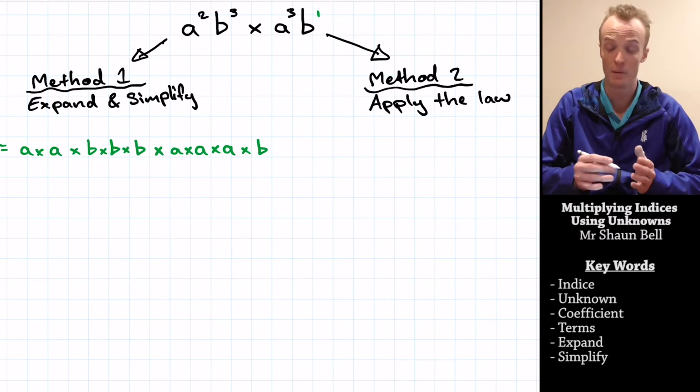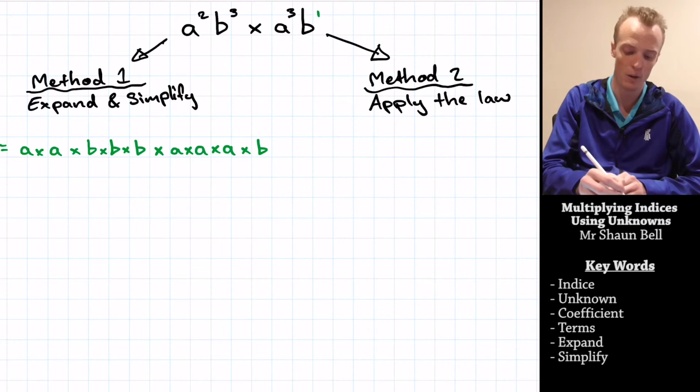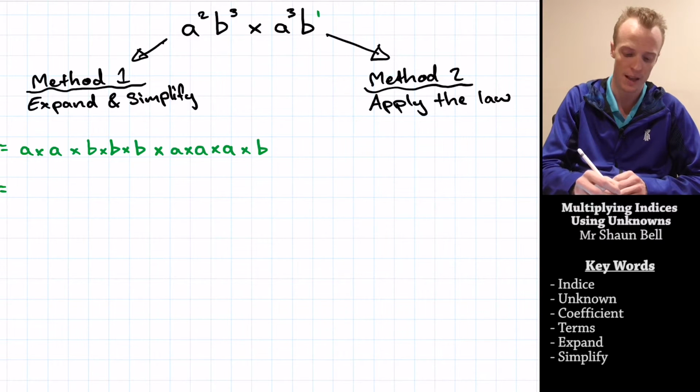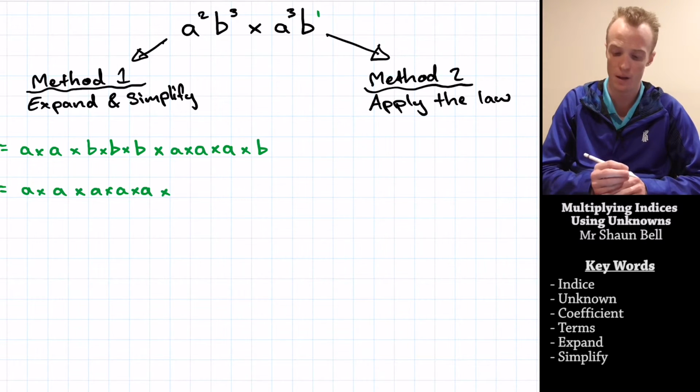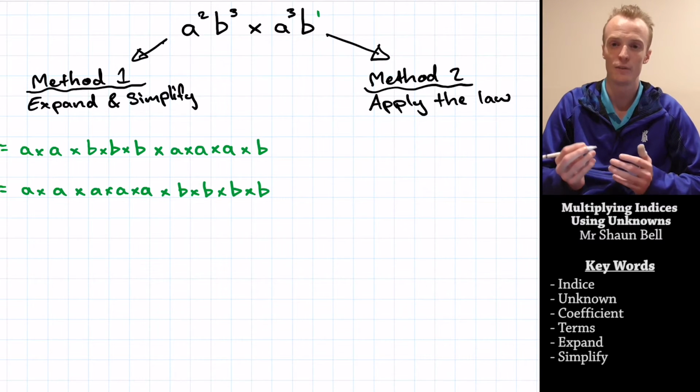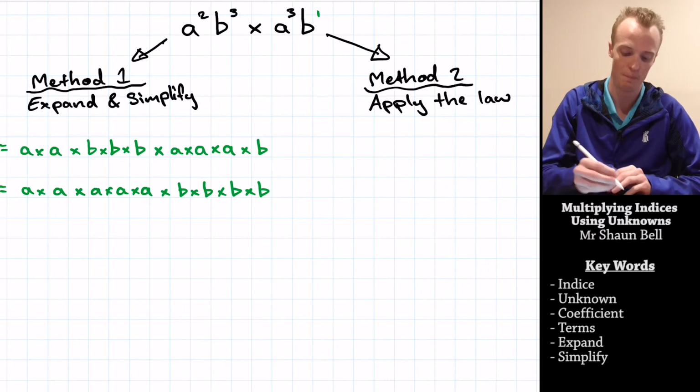Now, because I've got nothing but multiplication here, I'm going to reorder it by collecting the a terms together and the b terms together. So that is going to be equal to a times a times a times a times a multiplied by b times b times b, and then multiplied by that final b. Now you can see I've got repeated multiplication with the same base.